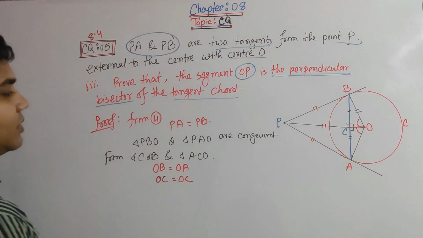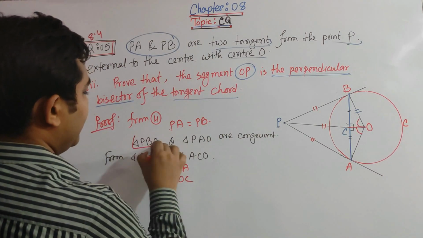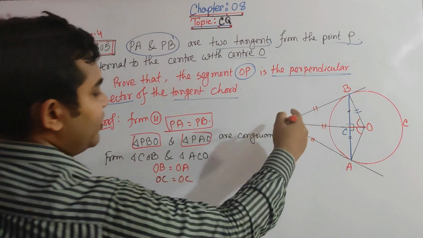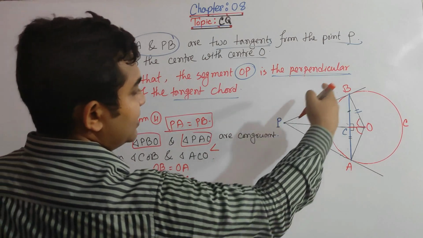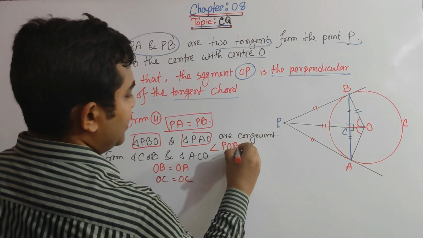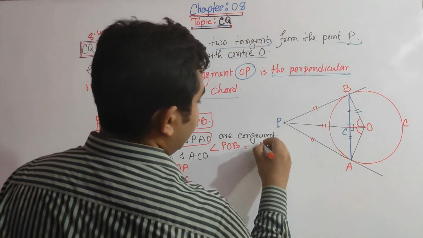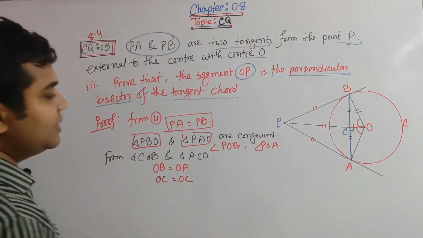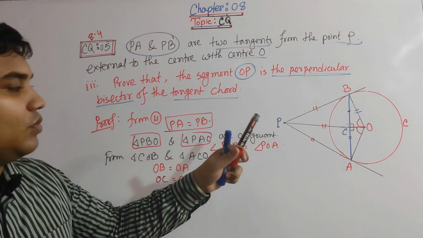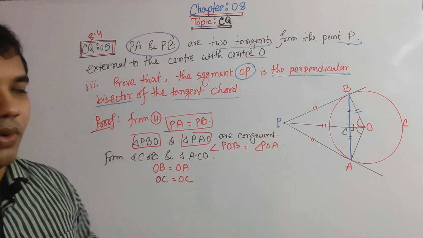Why? Because these two triangles are congruent and also these sides are equal. That's why we can say that angle POB is equal to POA.